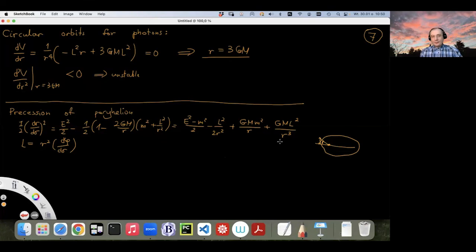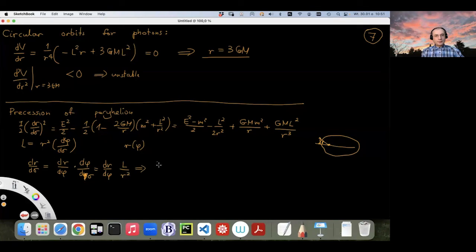So let's try to derive the equations for the trajectory, or r as a function of φ, by getting rid of σ as a variable. It's fairly easy to derive an equation for this. dr/dσ is dr/dφ times dφ/dσ, and dφ/dσ is just L over r squared.